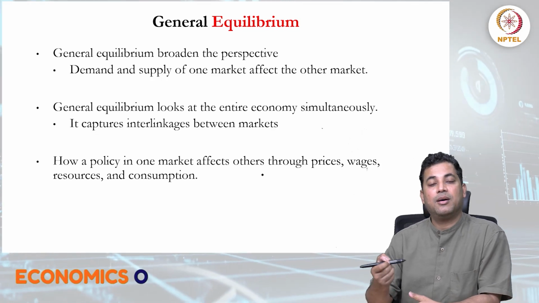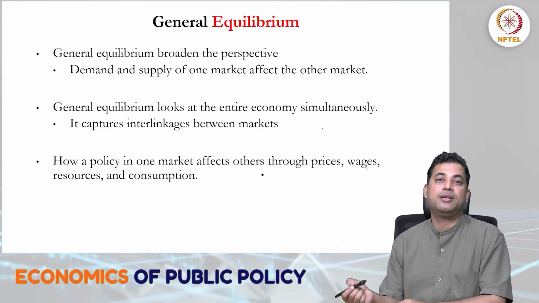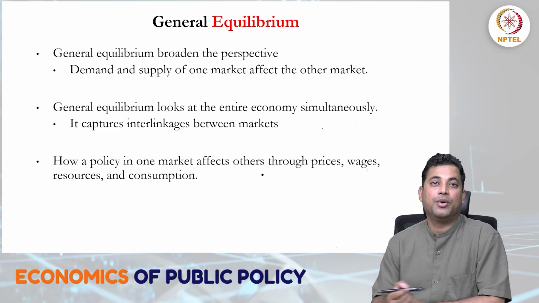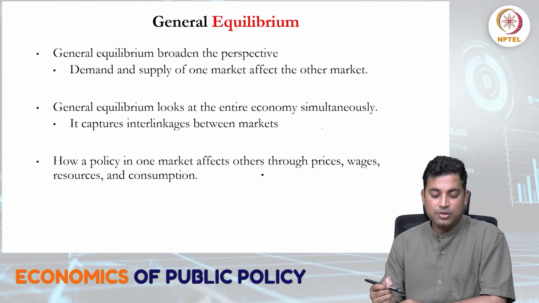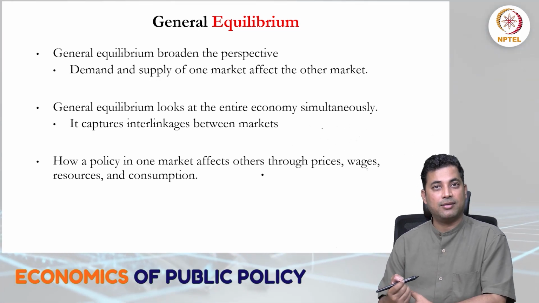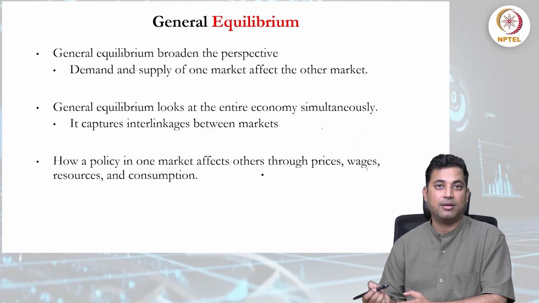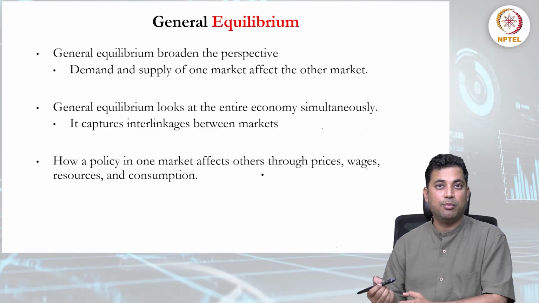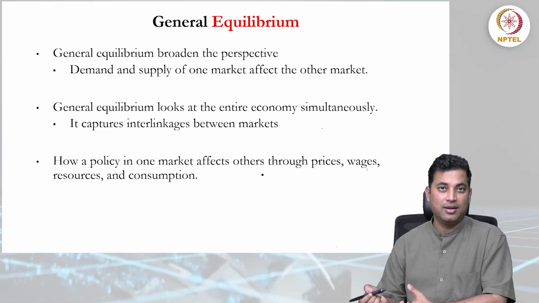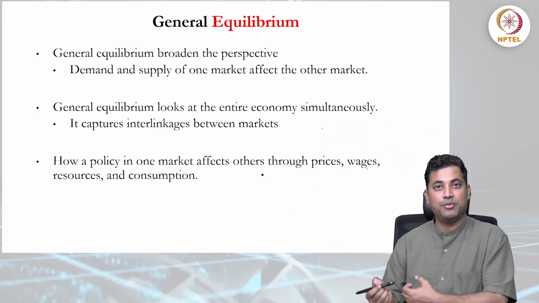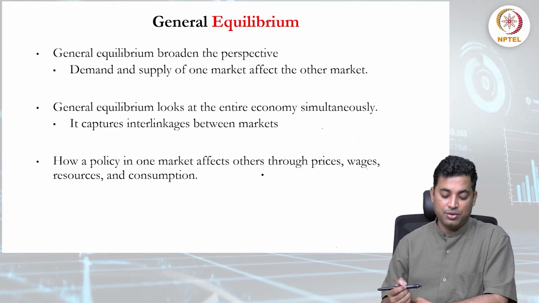That means the price of movie tickets is affecting OTT platforms, or watching movies on Netflix. So the two markets are interrelated, interlinked, and their output depends on each other. I can't watch both movies at the same time as a rational human being, and therefore I'm choosing one over the other, and therefore there is a substitution between two commodities.